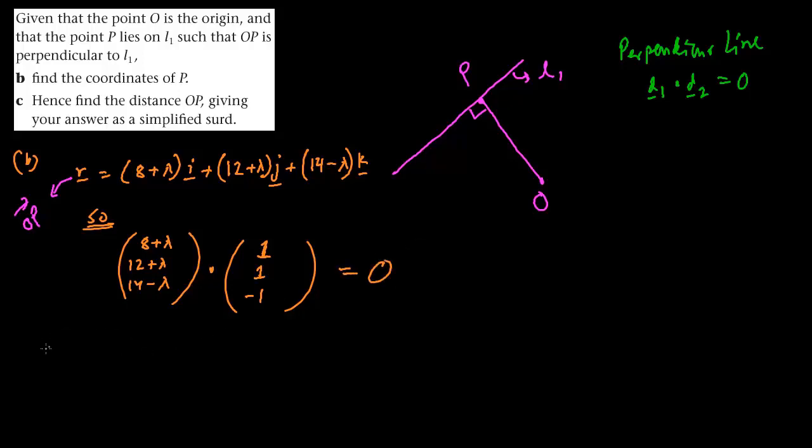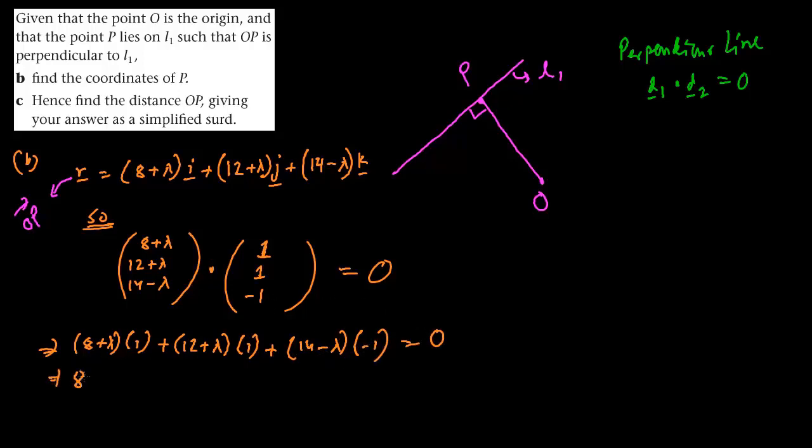So let's do the dot product. It's the coefficient of i multiplied by the coefficient of i: 8 plus lambda multiplied by 1, plus the coefficient of j multiplied by the coefficient of j: 12 plus lambda multiplied by 1, plus the coefficient of k: 14 minus lambda multiplied by minus 1, equals 0.